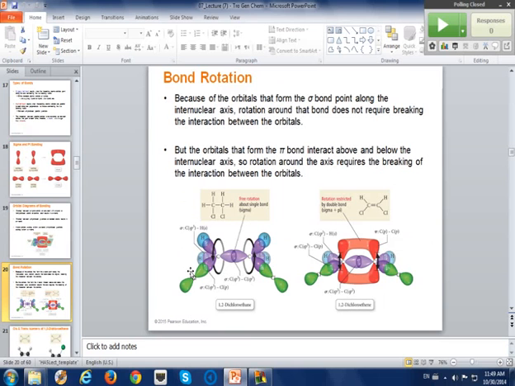Okay, so we can consider this in this molecule dichloroethylene, in comparison to dichloroethane. So on the left here, this molecule dichloroethane has a carbon-carbon sigma bond.